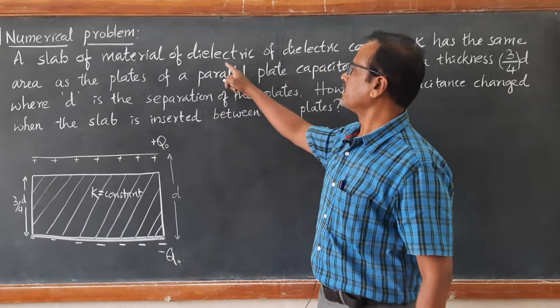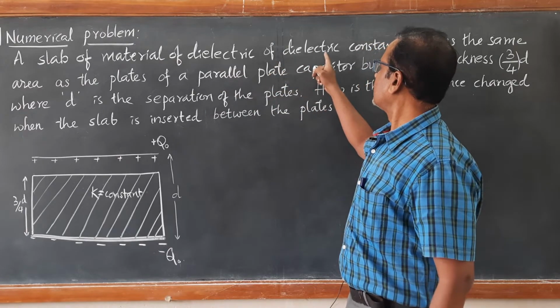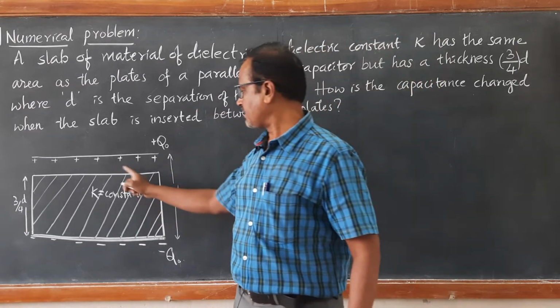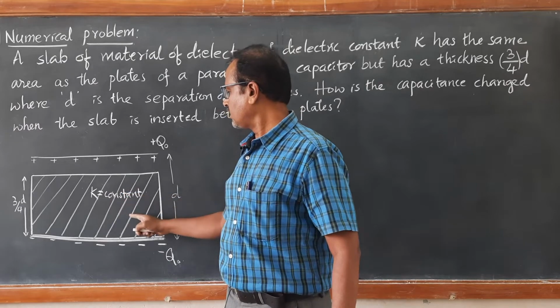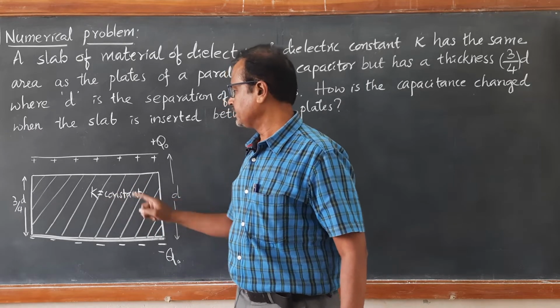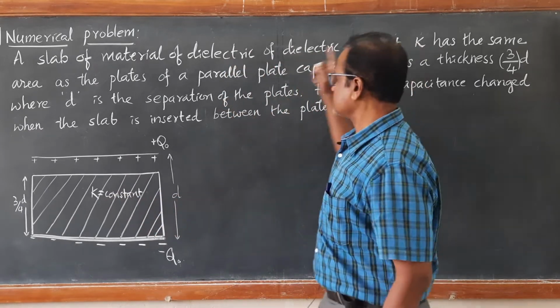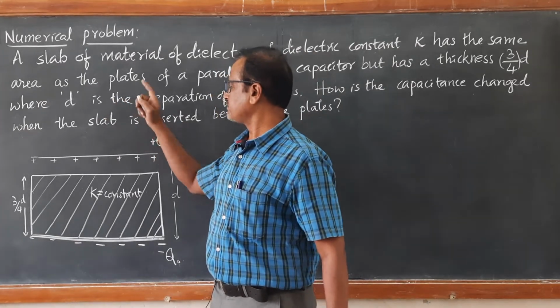A slab of material of dielectric constant K has the same area as the plates.